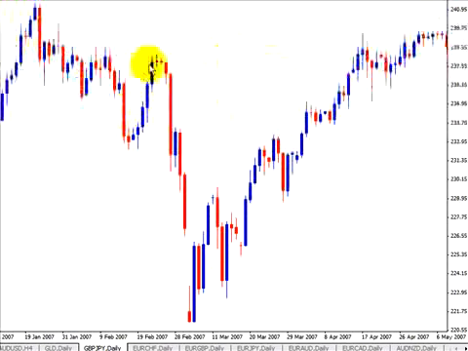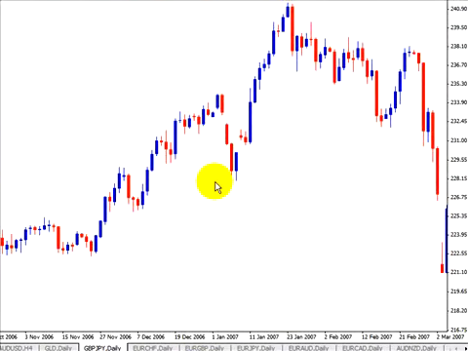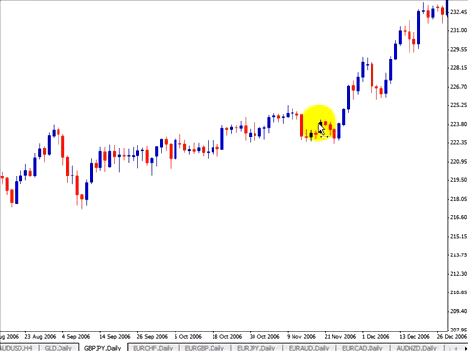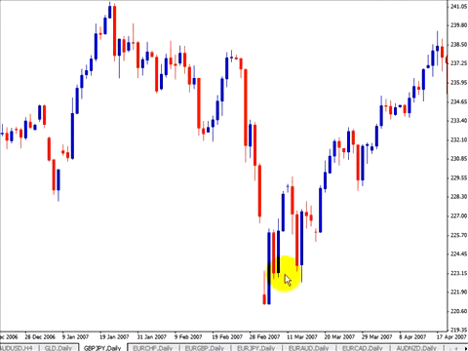If you entered at this point and you were buying, price would have moved against you and you would have a loss. Along with that, we also pointed out that the market tends to do three things. It tends to move up, sometimes it moves more or less sideways, and sometimes it moves down.